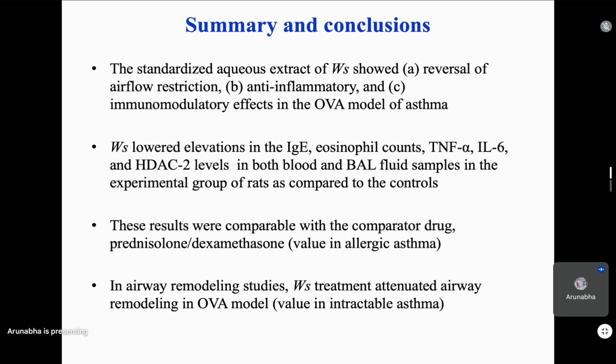In airway remodeling studies, Withania somnifera treatment attenuated airway remodeling structurally, as well as the biochemical markers of fibrosis and collagen formation like TGF-beta, IL-13, hydroxyproline, and oxidative stress, that is DNA damage.